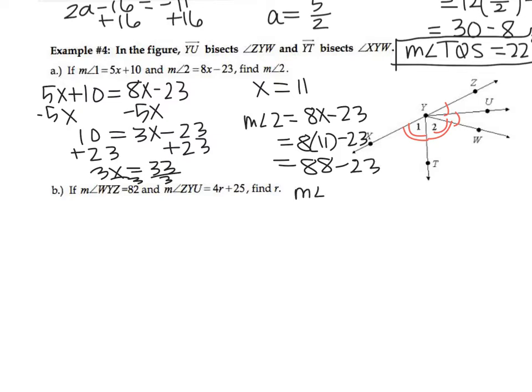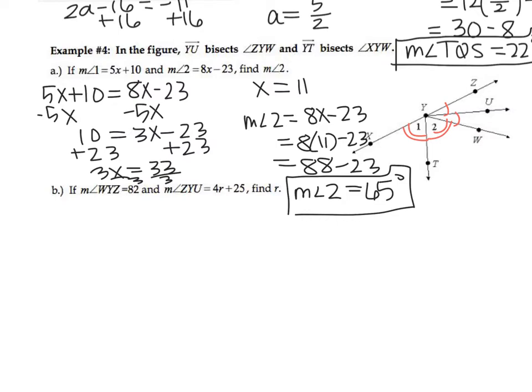And we get the measure of angle 2 equals 65 degrees. And one thing I should note about both of these examples is we can't assume the pictures are drawn to scale. So angle 2 may not actually be 65 degrees, but we do know it is an acute angle, so that much holds true.